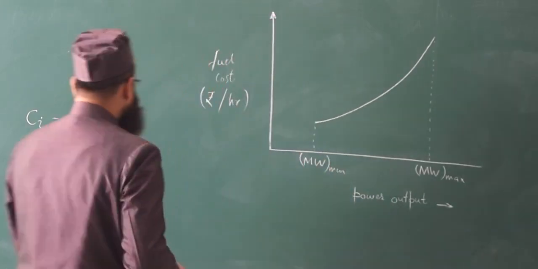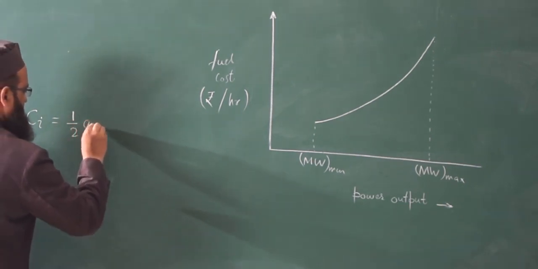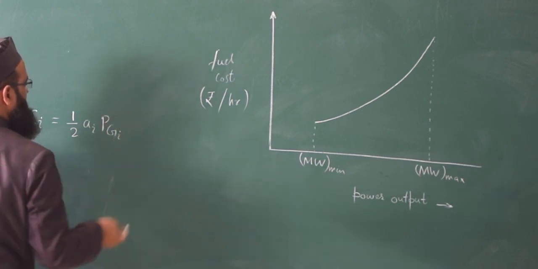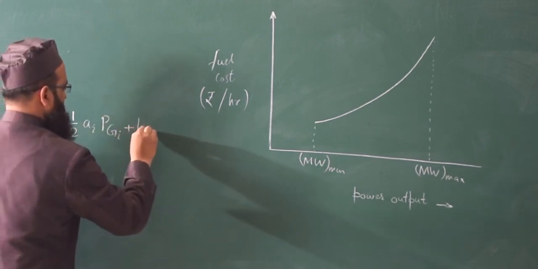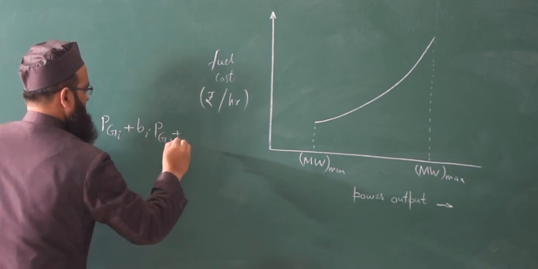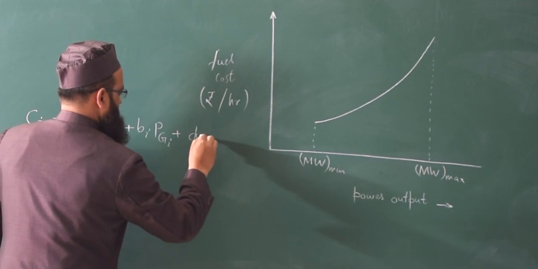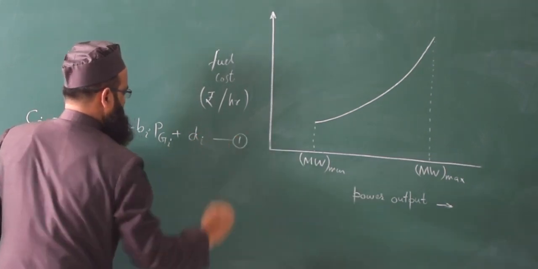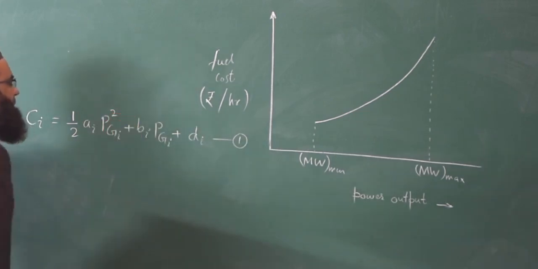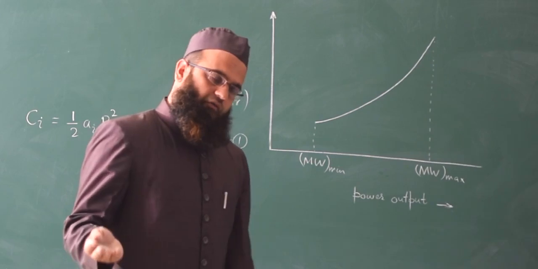Write half ai pgi square plus bi pgi plus di, equation 1, where pgi is the power output of ith unit.